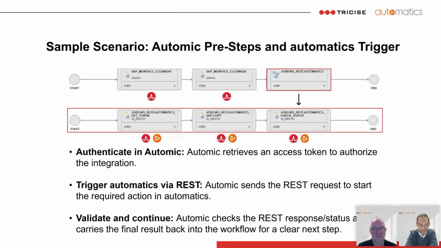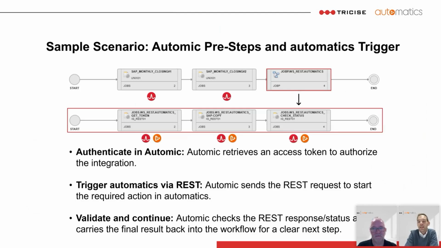As you can see, one task is calling these jobs and getting a token for the authentication every time. So we are really securing the communication between these two tools. And then Automic is triggering the right workflow. Here it says subcopy, but we are using the kernel change in that case.